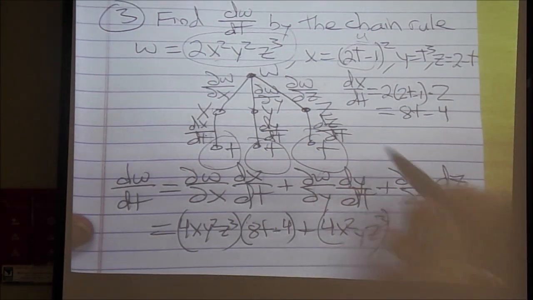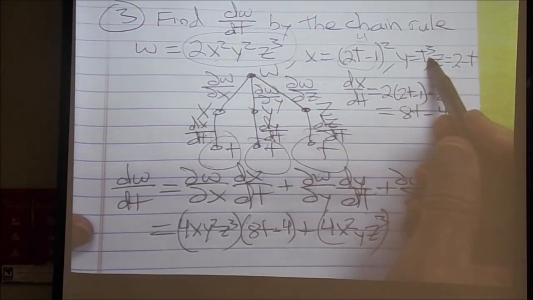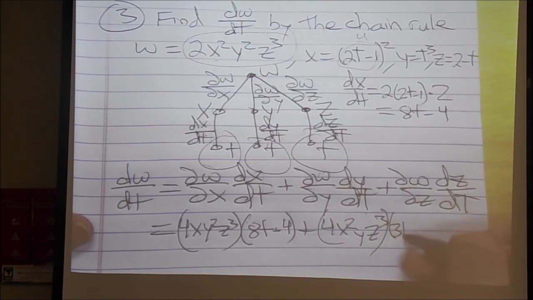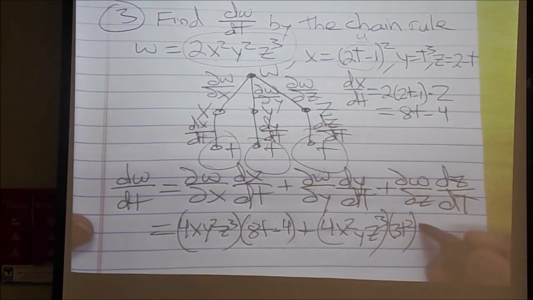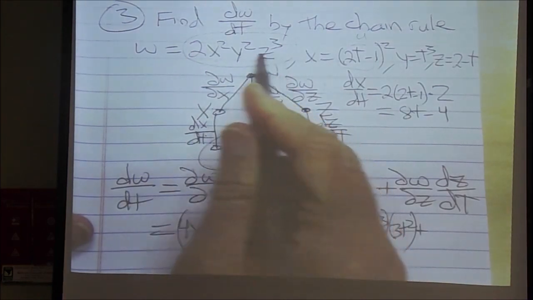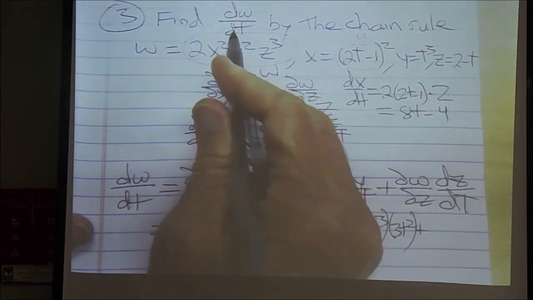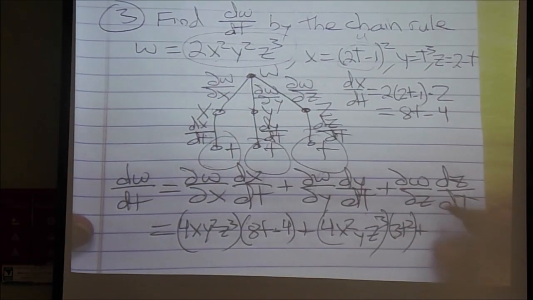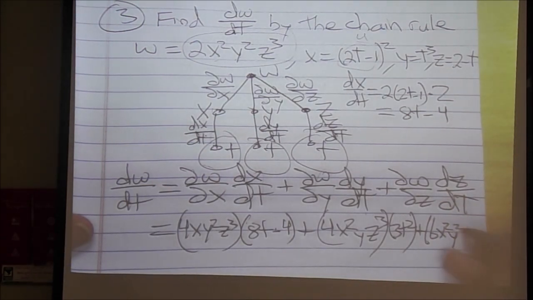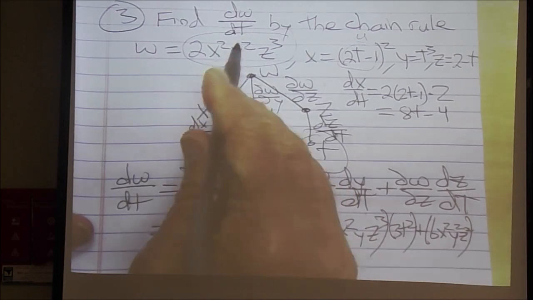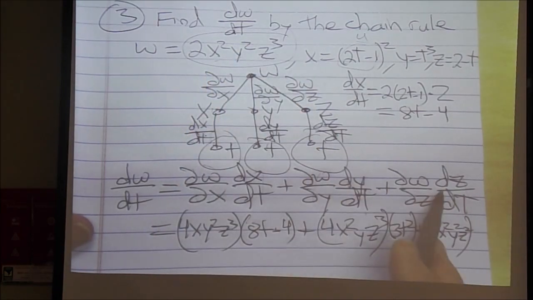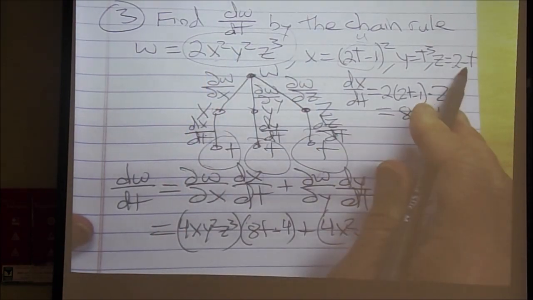Then times dy/dt, well, let's see, that's 3t squared. Now dw/dz, I treat x and y as constants, so I have this treated as a constant times 3z squared gives me 6x squared y squared z squared, all times derivative of z with respect to t, which is minus 1.